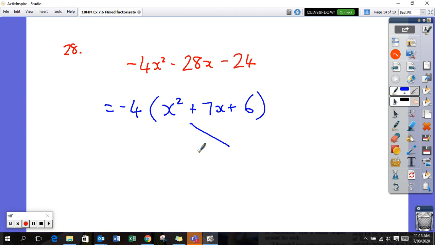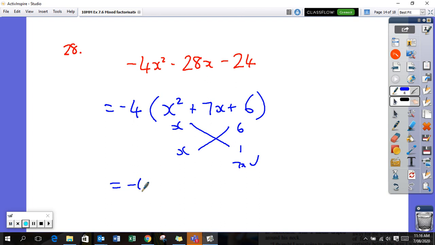So we're just going to do flag and cross on these. So 6. We could go 3 and 2, but 3 and 2 isn't going to get us a 7, so we're going to have to go 6 times 1. So we've got 6x plus 1x is 7x. Happy with that.